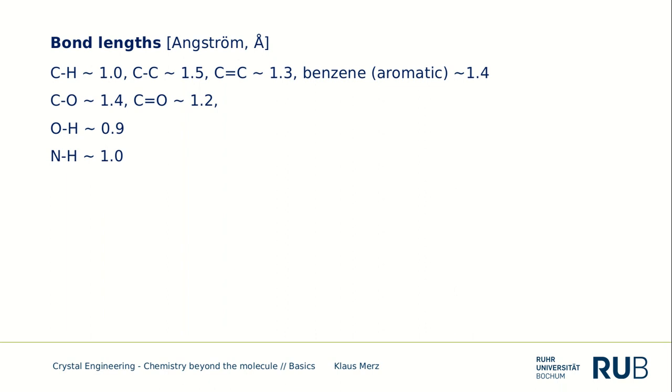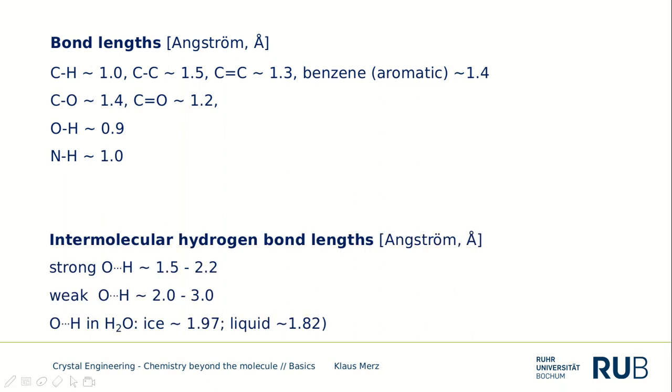On the other side, if you look at intermolecular interactions, in this case hydrogen bonds, you see with O-H it is 1.5 to 2.2, in the case of a strong to moderate hydrogen bond. In the case of weak hydrogen bonds, in the range 2 to 3 angstrom. These are only rules of thumb, not more. You see a very large distance here and a large distance here.